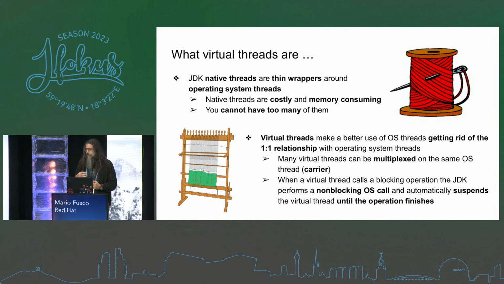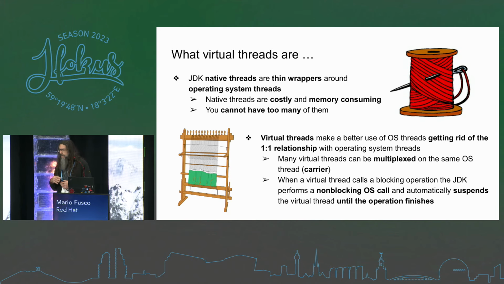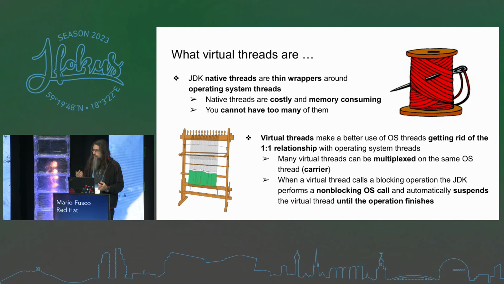when you do a blocking operation on a native thread, you are blocking the thread. That thread cannot be used anymore in that period of time. And as I said, this is a scarce resource. You don't want to be in this situation. With virtual threads, it happens exactly the same: you are blocking the virtual thread, but this time you are blocking only the virtual thread, not the carrier.